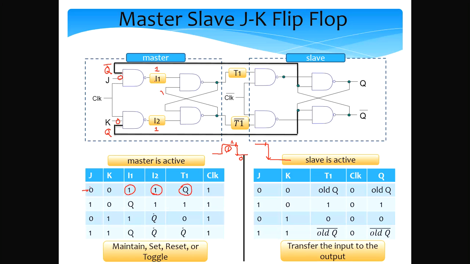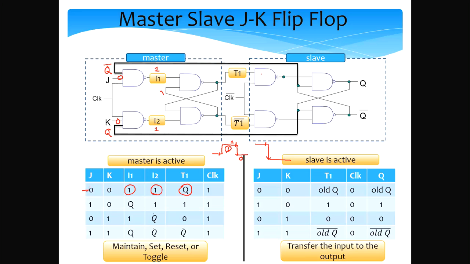We say that because the values of I1 and I2 are 1 each. So the latch will maintain its value. So T1 will be the same as the old value of T1. What was the old value of T1? Let us consider this point of time. What was there in T1 got reflected in Q. So basically T1 is the same as Q.